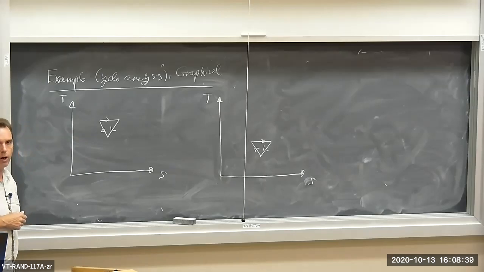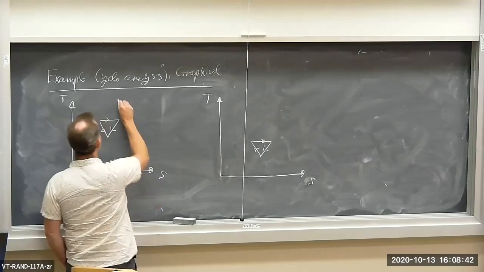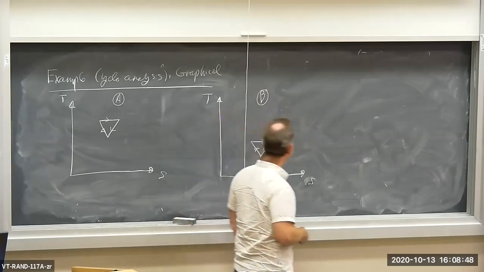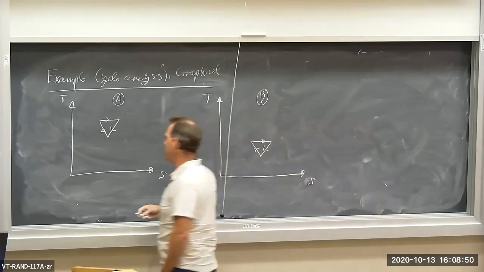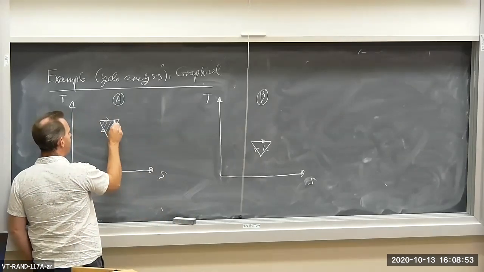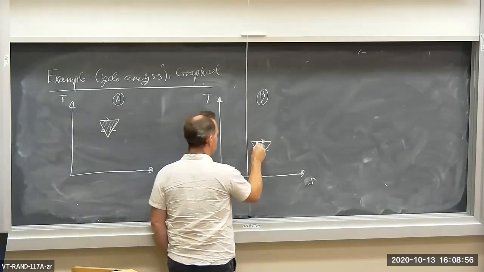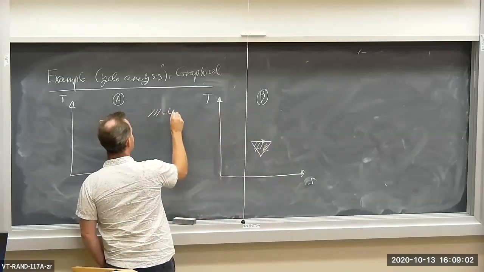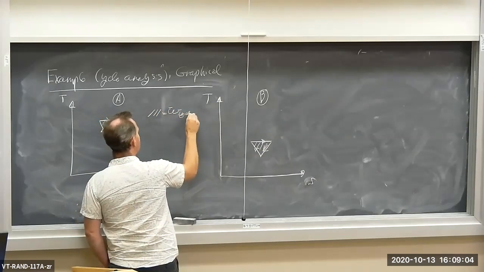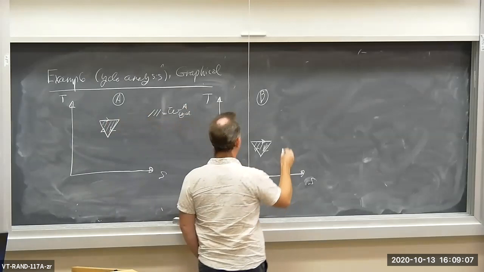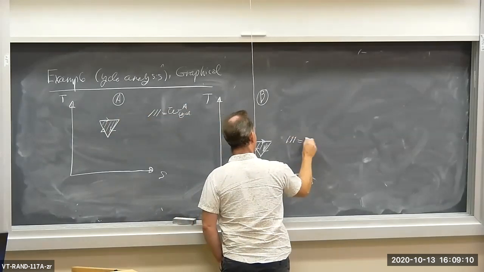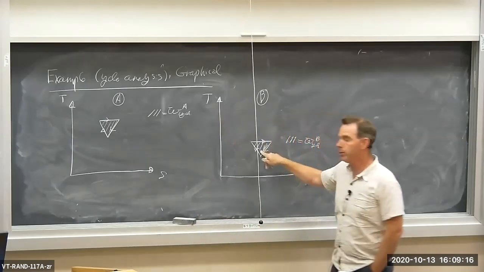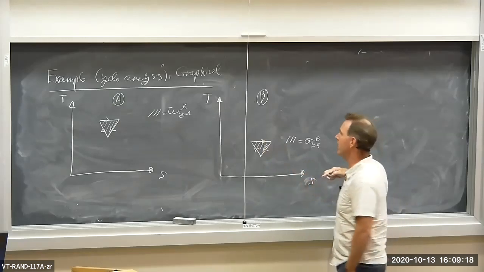Let's compare the works over the cycle. So this is cycle A, and this is cycle B. Well, the cycle work is represented by the area bound by the TS curve. So this equals the cycle work for cycle A, and this equals the cycle work for cycle B. Notice these triangles are the same shape.